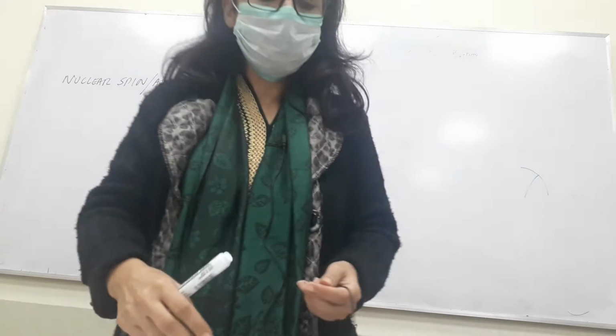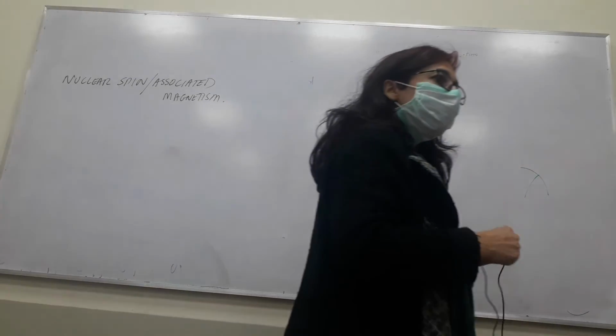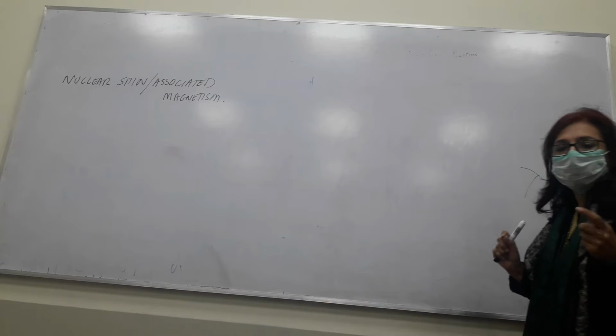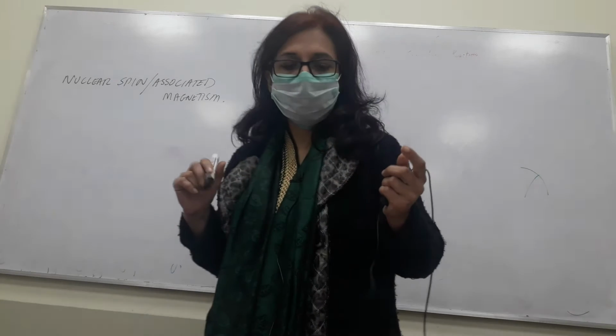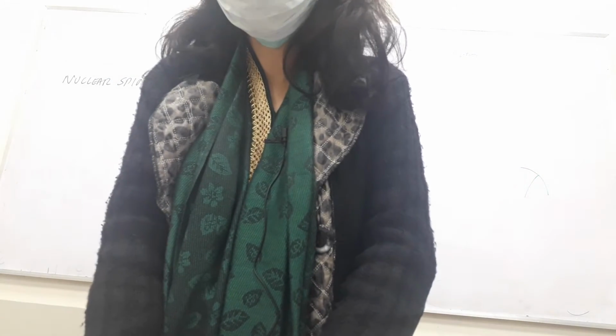And then we talked about different examples, for example the hydrogen nucleus, and in the nitrogen nucleus we have an odd number of protons, and therefore it is a nucleus that would show a spin. So, we continue from there.